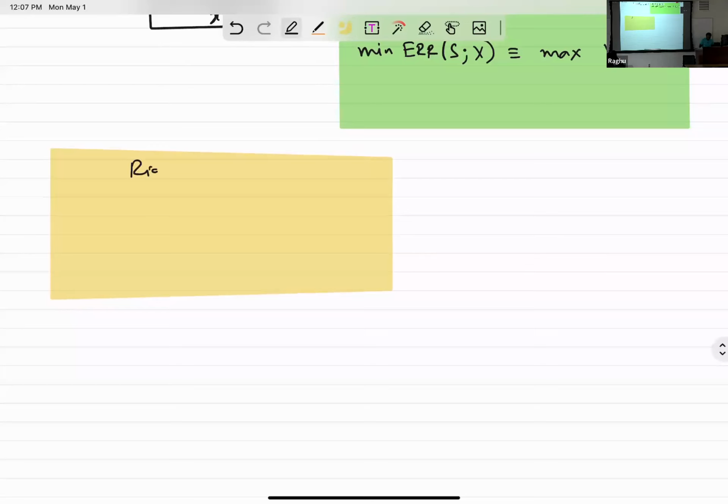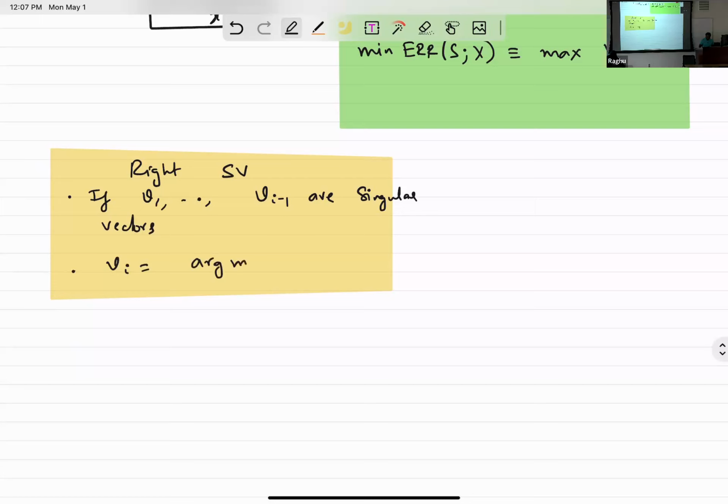So the right singular vectors, if v1 through v(i-1) are singular vectors, then vi is something which maximizes the length of Xv subject to the length being 1 and it being perpendicular to all the other directions.